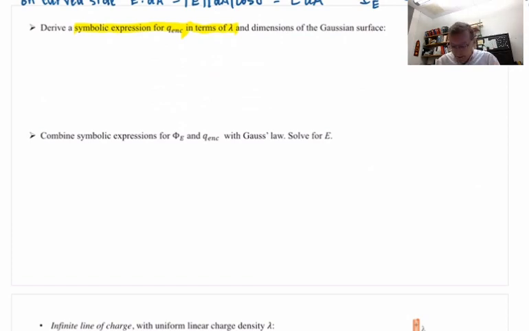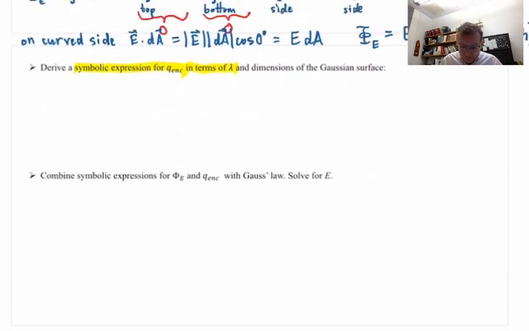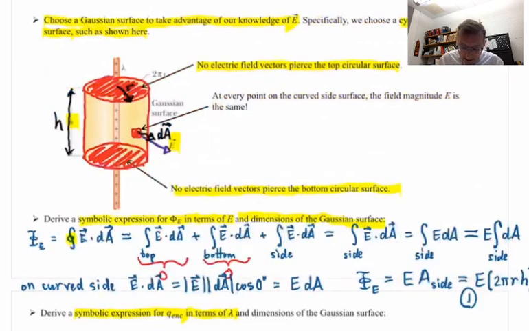So let's go back up and look at our picture. Okay, there it is. The line is very, very long, and it's got a charge per unit length lambda, and we've surrounded it with a cylindrical Gaussian surface of radius r and height h. How much charge is inside that Gaussian cylinder?